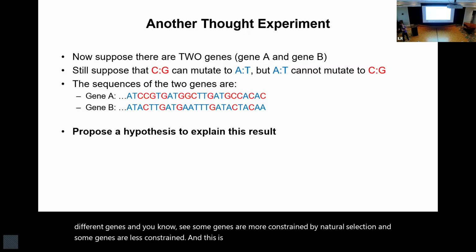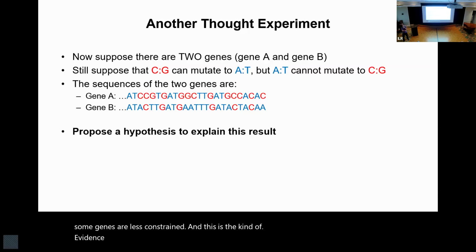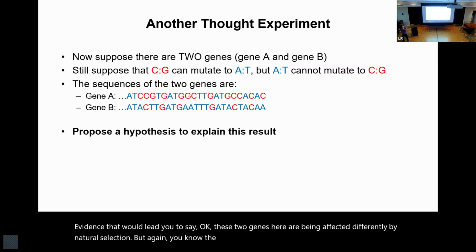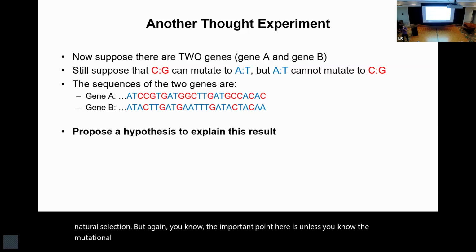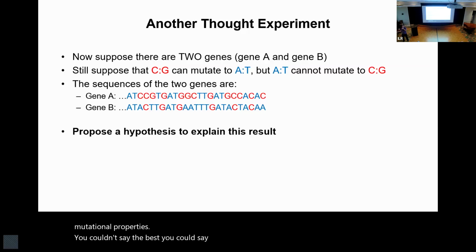This is the kind of evidence that would lead you to say, okay, these two genes are being affected differently by natural selection. But again, the important point is that unless you know the mutational properties, the best you could say is, well, there's something different. Is that plain? My master's advisor would have said to me.